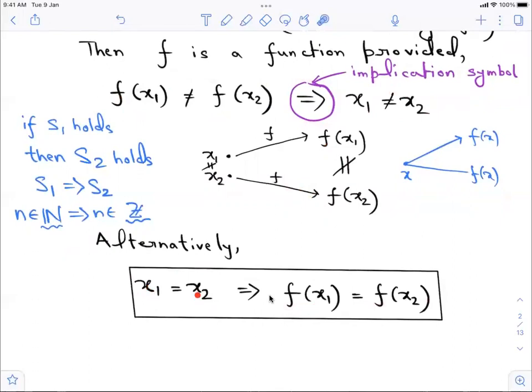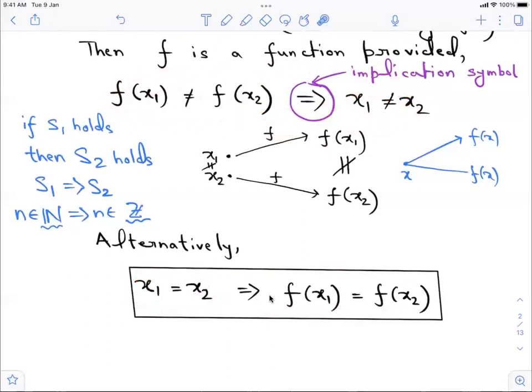If x1 equals x2 and f(x1) is not equal to f(x2), then given that this statement holds, f(x1) not equal to f(x2) would imply x1 not equal to x2. And this would contradict my initial assumption that x1 is equal to x2. So this statement clearly implies this statement.